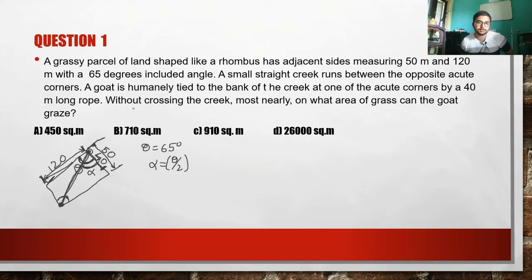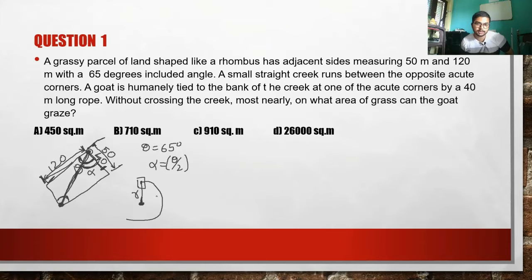Now he is asking, without crossing this creek, this straight line, most nearly what area of grass can the goat graze? So we know the basic thing that when some object is tied using a rope to some center, this is a fixed point, maximum area that this can cover is this circle with this rope length as radius r.